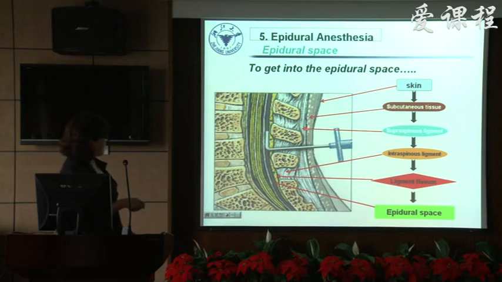And then to the supraspinous ligament, and to the interspinous ligament, and then to the ligamentum flavum, and into the epidural space. This is the epidural space. This is the middle, right?